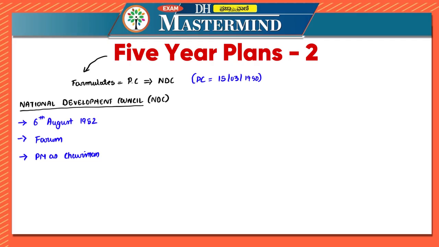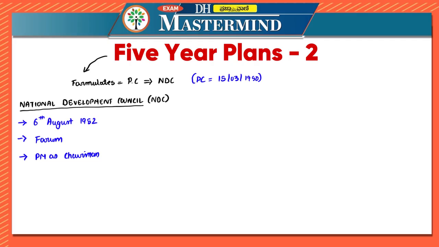It also has the members of Niti Aayog, representatives of union territories, chief ministers of all the states in India, etc. So you can just remember that the National Development Council was the body which was giving final approval for the 5-year plans which were formulated by the Planning Commission. National Development Council was established on 6th of August 1952. It was the forum for discussion and advice related to the economic and social development of India.